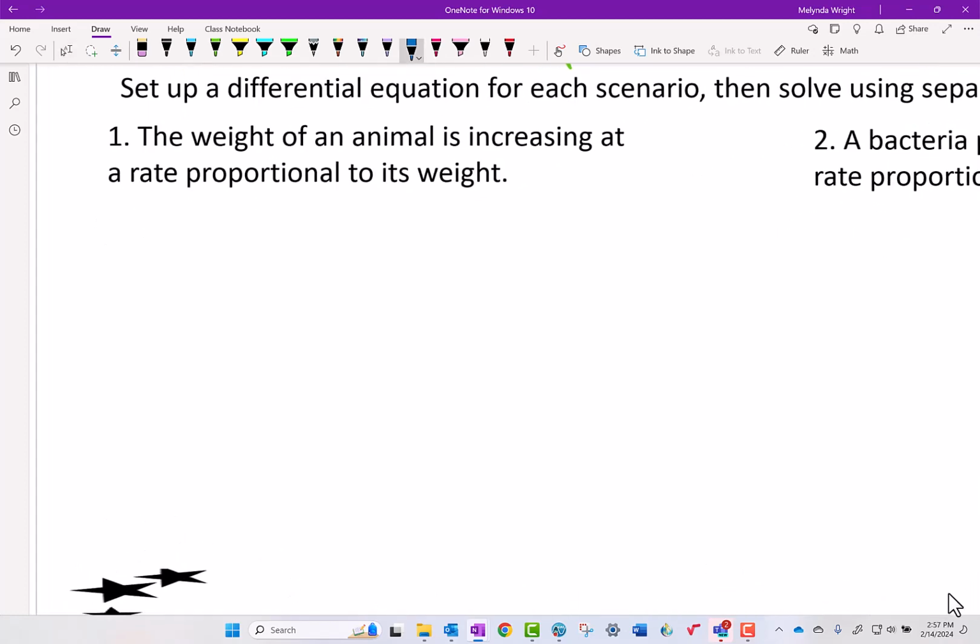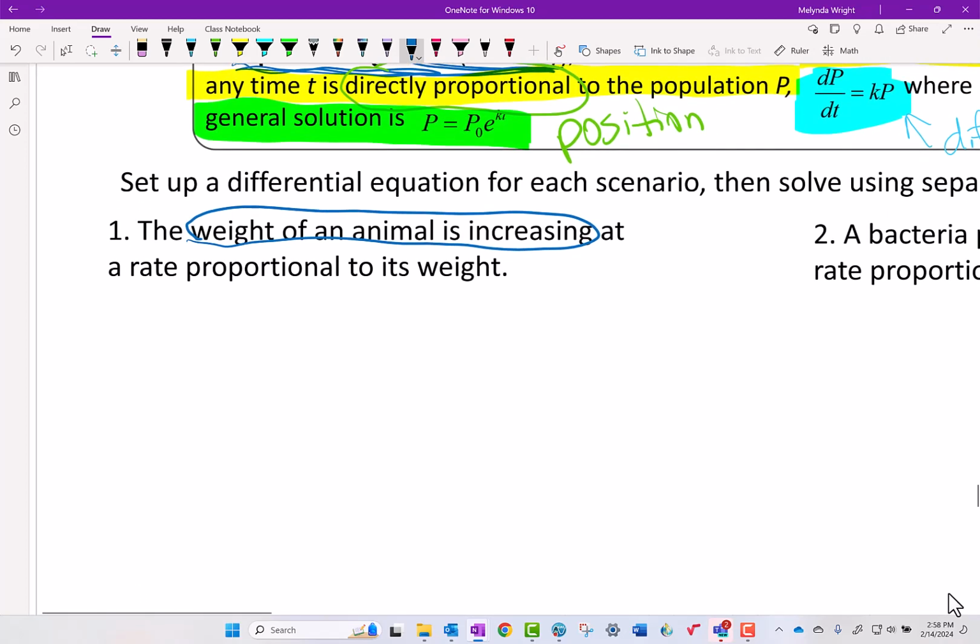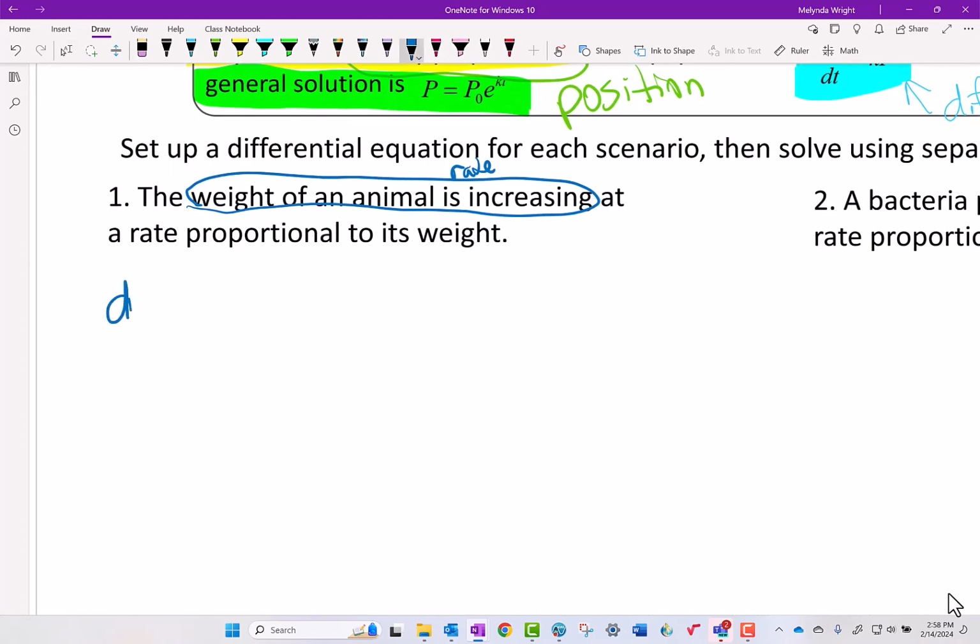So let's work on the first one. The weight of an animal is increasing at a rate proportional to its weight. What does this mean? This is a rate. The weight of an animal is increasing, so dW/dt, and with this kind of application it will be with respect to time.